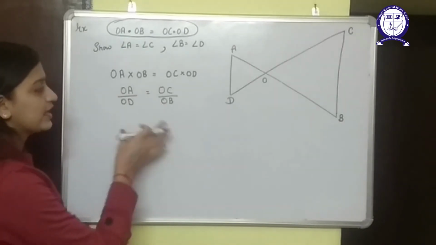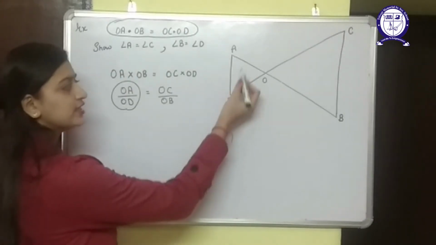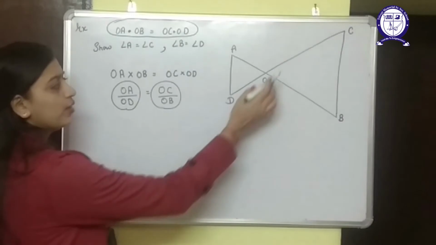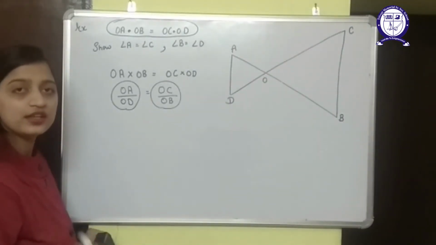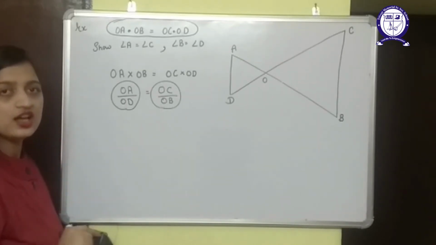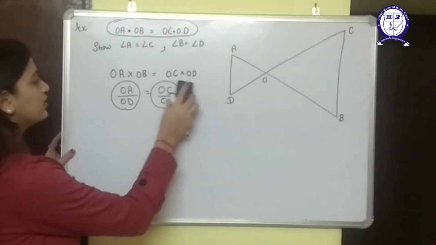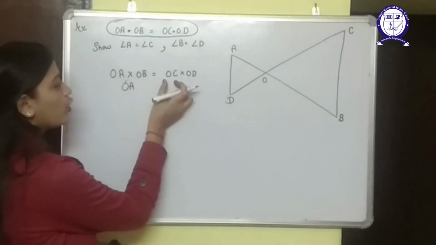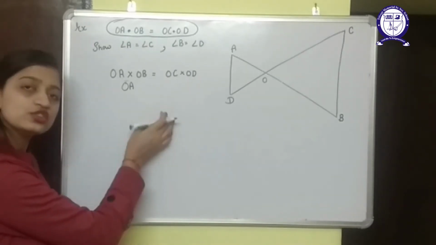But in this case, you can see that OA and OD both are sides of the same triangle. Similarly, OC and OB both are sides of one triangle. But while taking the ratios, I need the sides of two different triangles in the division. So instead of writing it like this, we will write it like this. Now, if I can take OD in the denominator, I can also take OC.